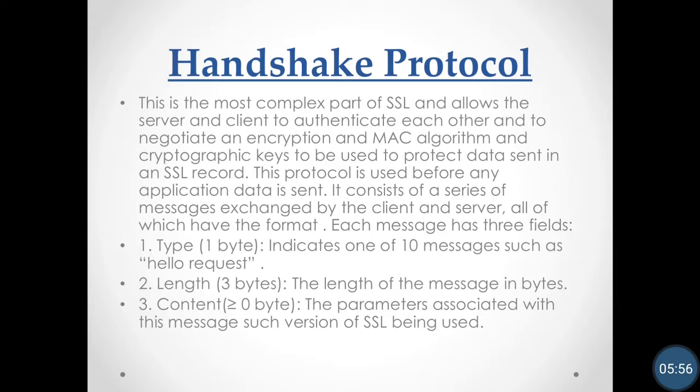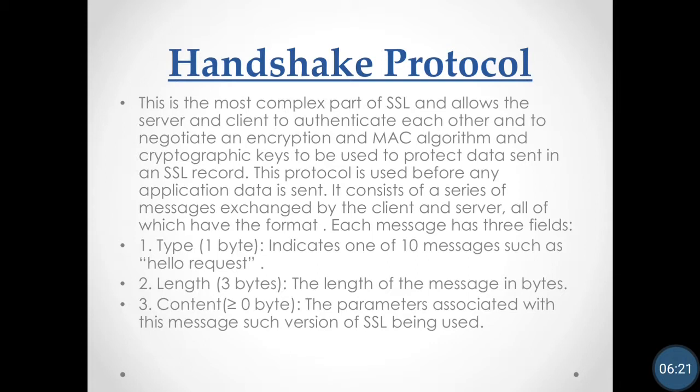Type field indicates one of the messages such as hello request between client and server. Length field is the length of the message in bytes. Third is content, the parameters associated with this message, such as version of SSL being used.